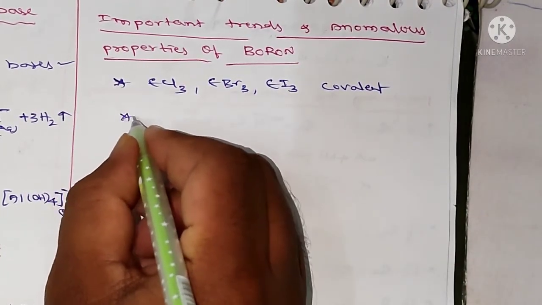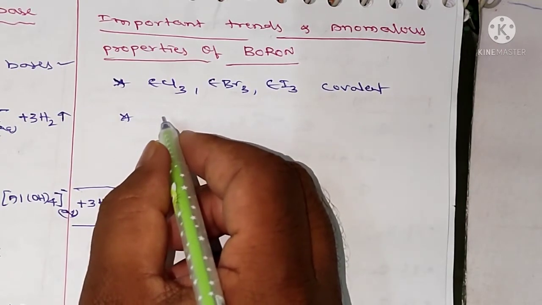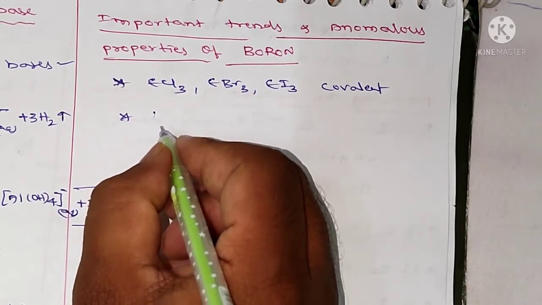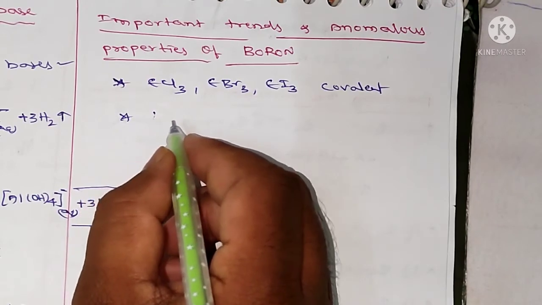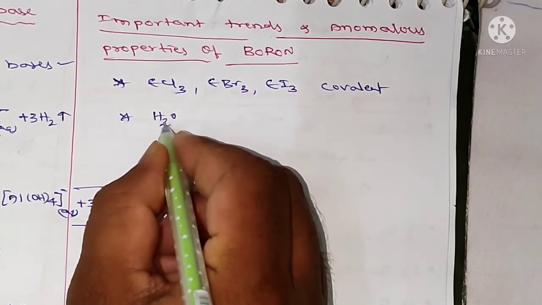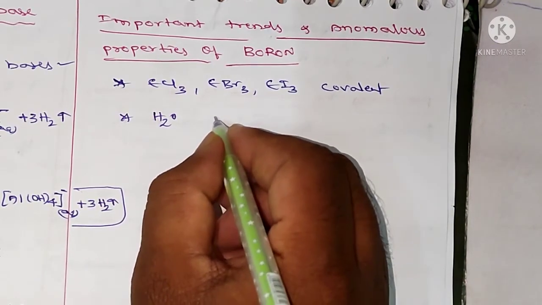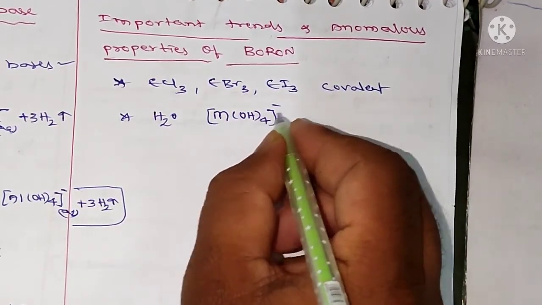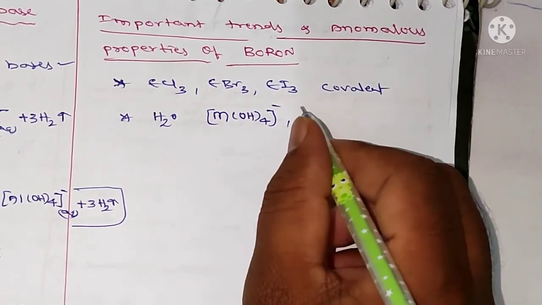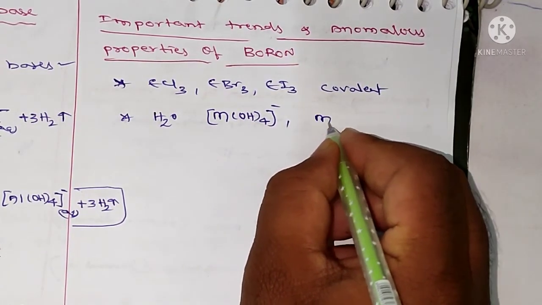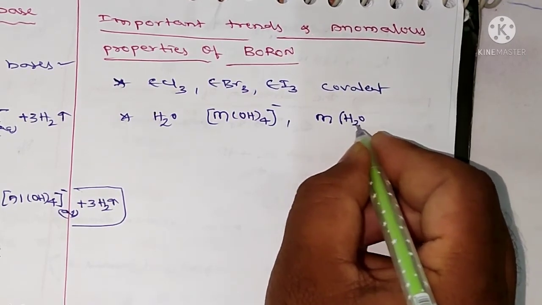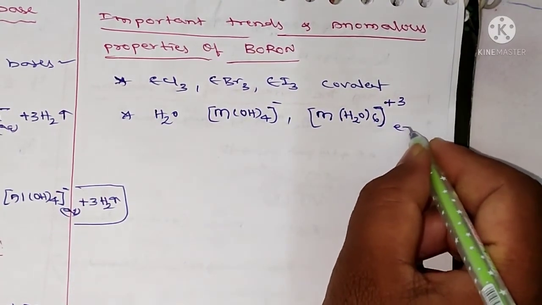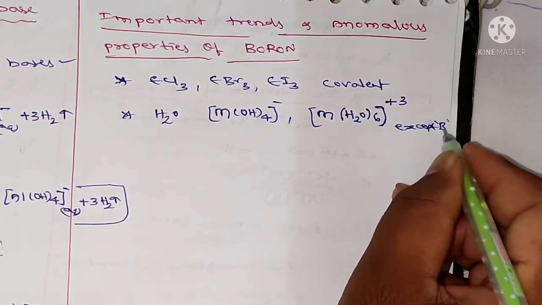Halides of 13th group elements react with water, and then they can form tetrahedral complexes, M(OH)4, and octahedral complexes, [M(H2O)6]3+.